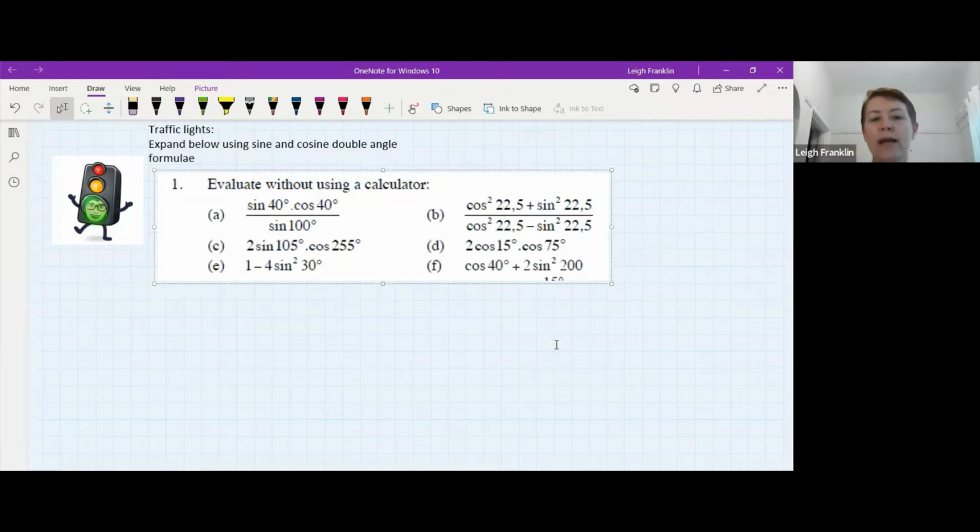What I would really like is for you to either try A and C or B and D. But it's your choice. Maybe do either A or B or C or D, and then we'll have a look at E and F together, because E is easy, but it's difficult. And then I want to show you F as well.